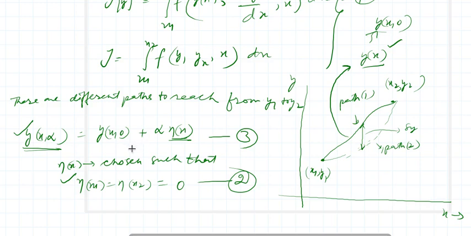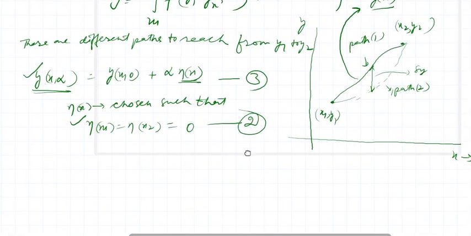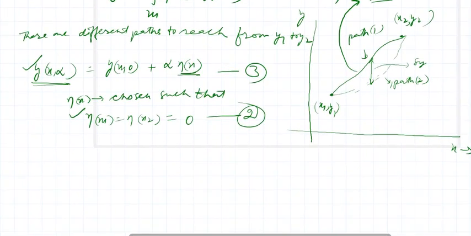So let us do one more thing. That's again a little bit of a mathematical trick. When I am moving from the extremum path to a different path, and which one is the extremum path? Extremum path is this one. And when I am switching over from one path to another path, that means there is a change in y.